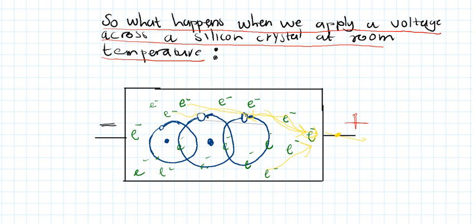The flow of electrons from hole to hole is known as hole current, whereas the other form of current flow is the direct flow of electrons from one place to another. That one is known as electron flow.